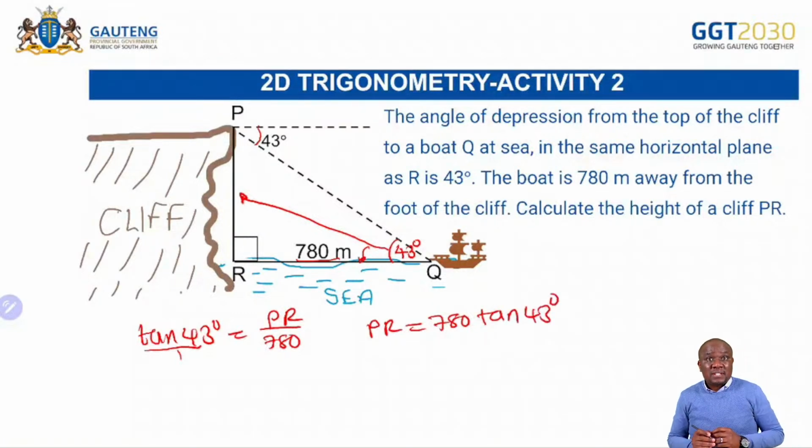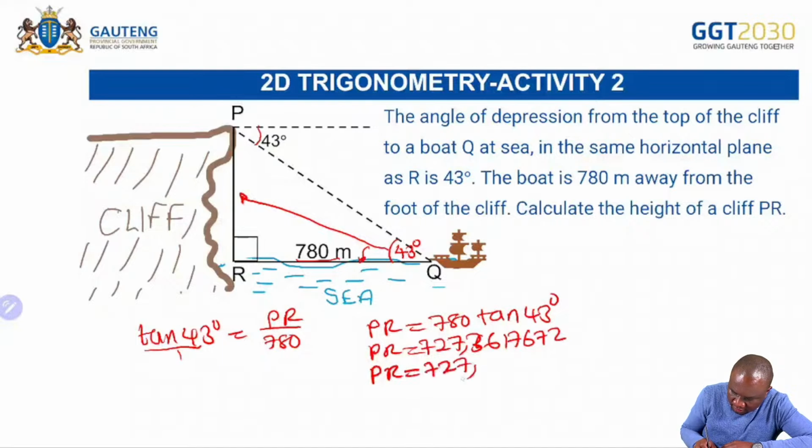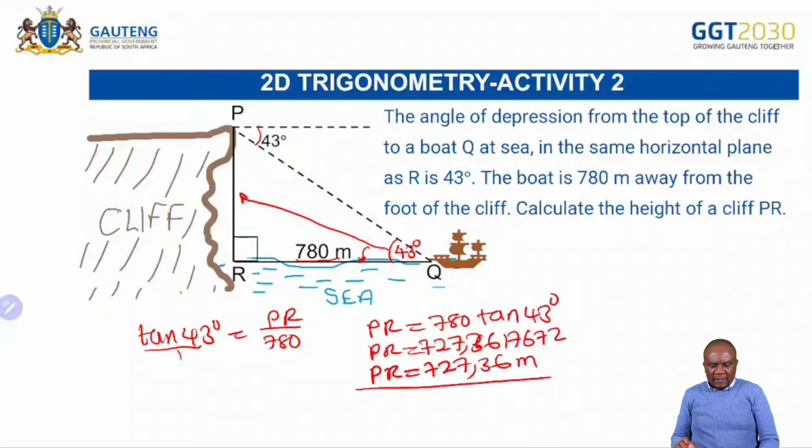Put this in the calculator and you will get PR equal to 727.3617672, so PR is equal to 727.36 meters. Let me give you 1 minute to write your corrections, then we go to activity 3.